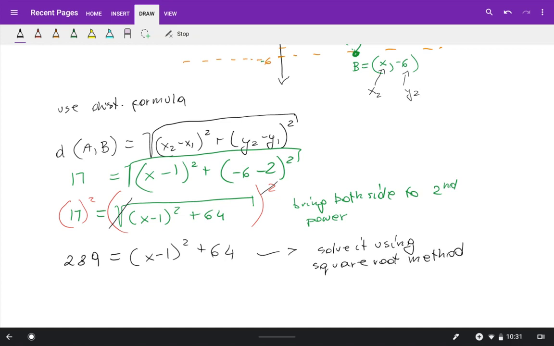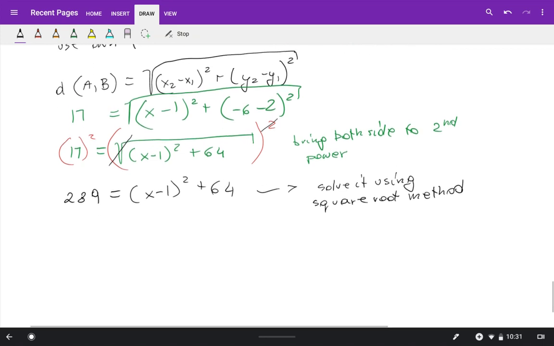So it's a quadratic equation. To solve this one using the square root method, let me just review it. You want to only have this expression on the right side. Let's move everything else to the other side. So I will subtract 64 from both sides. We have 289 minus 64, which gives you 225 equal to x minus 1 squared, because that cancels.